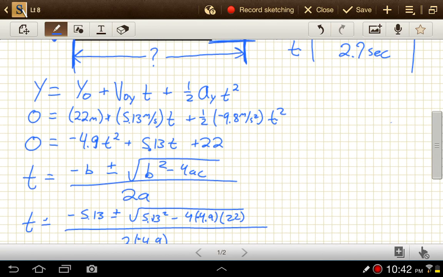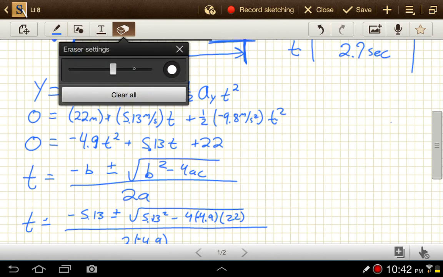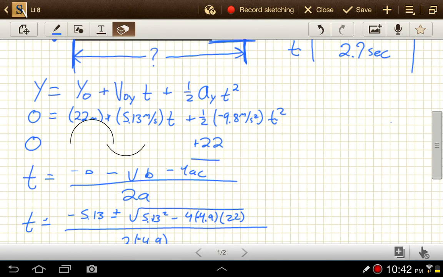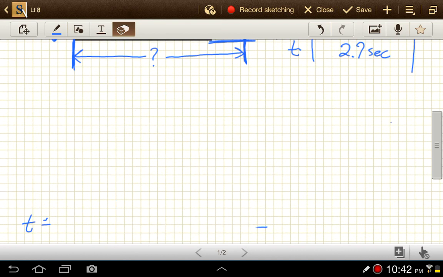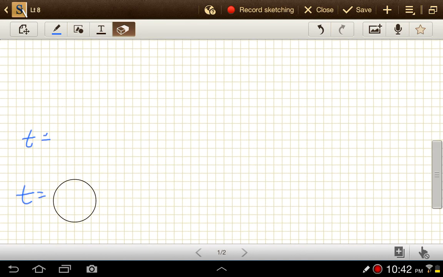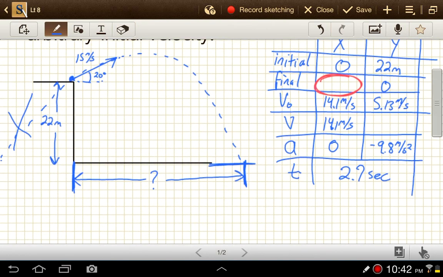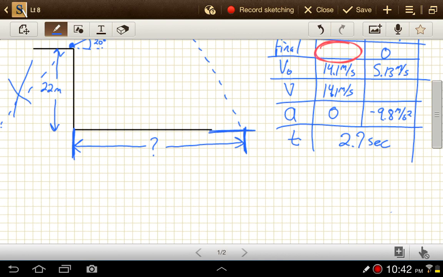Alright, and we're out of space again, so let's clear a little more. Goodbye, quadratic formula. Get out of here. Okay, so we can go back to that equation we had written a minute ago. X equals x naught plus v naught x t plus 1/2 a x times t squared.